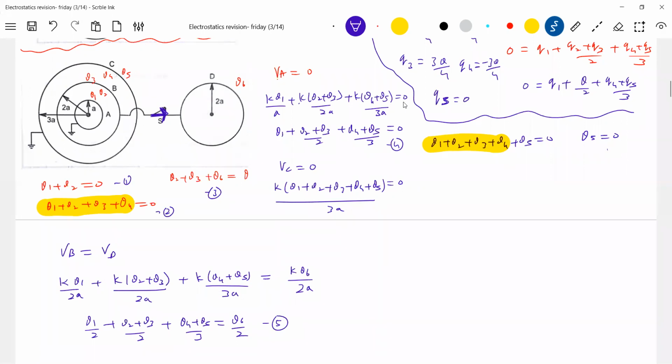Putting 4 in 5, we'll get the relation between Q6 in terms of Q1. Then again Q6 in terms of Q1, I'll substitute here.